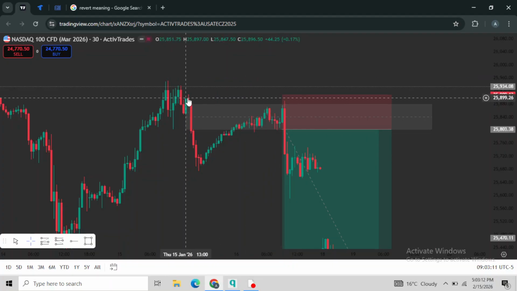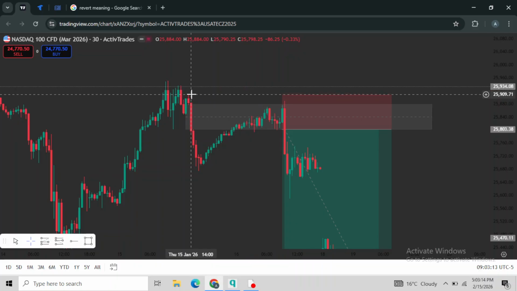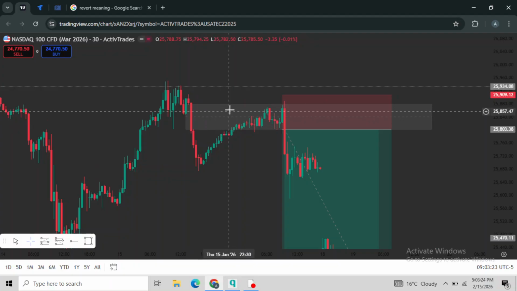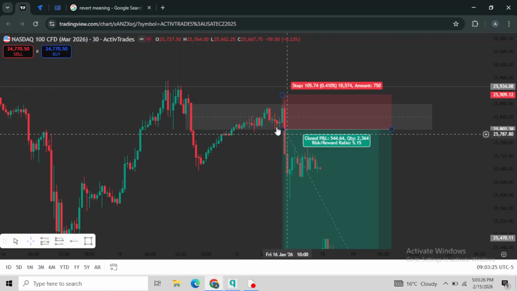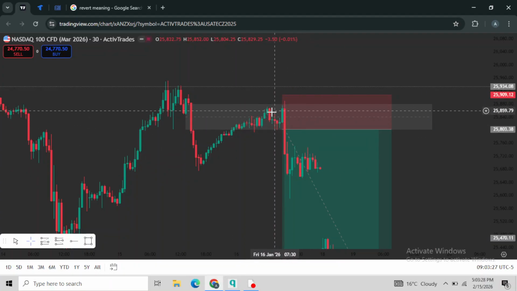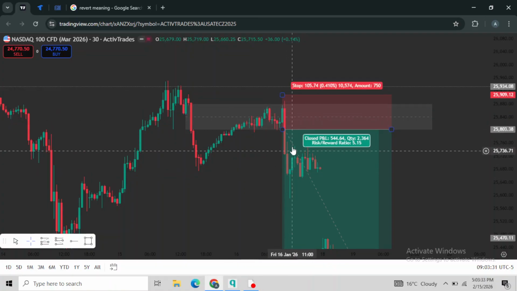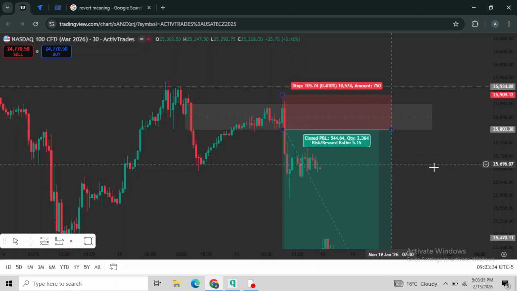If this entry model had been invalidated, I would have invalidated the whole setup and started looking maybe for another indication that price wants to go lower. In this case, I remember this day ES remained lower. Nasdaq made a higher high, so in the New York session price manipulated and started coming lower.